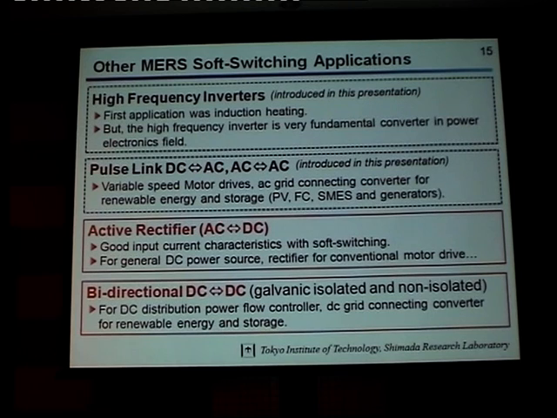It means improved power factor and improved harmonics characteristics. And finally, we are now working on a bidirectional DC to DC converter. This can be applied for DC distribution system power flow controllers, and DC grid connecting converters for renewable energy or storage, same as this.